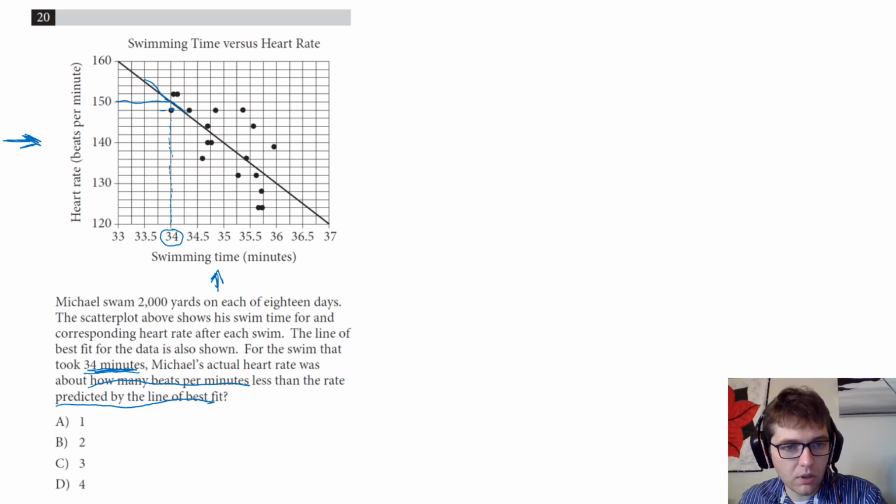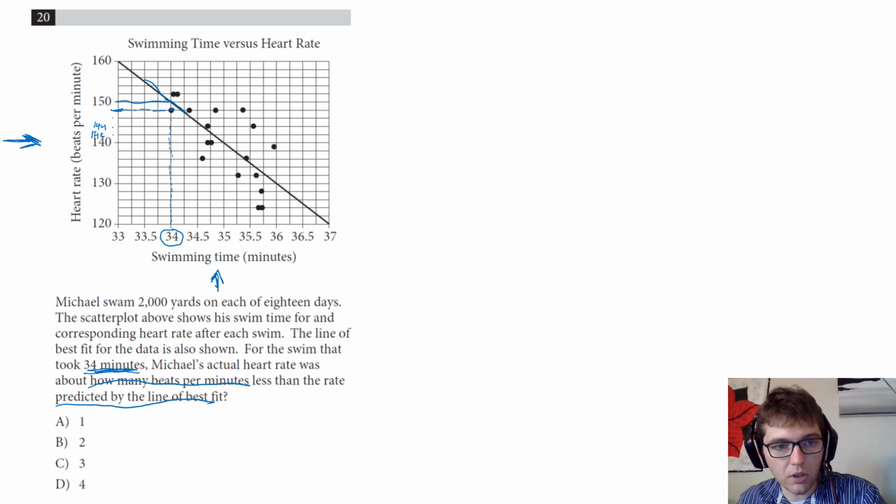The actual was right here. So it's one minor grid line less. So it looks like these are 140. So there are 5 lines between 140 and 150, which means that each line must be a unit of 2. So this is 142, for instance. This is 144.